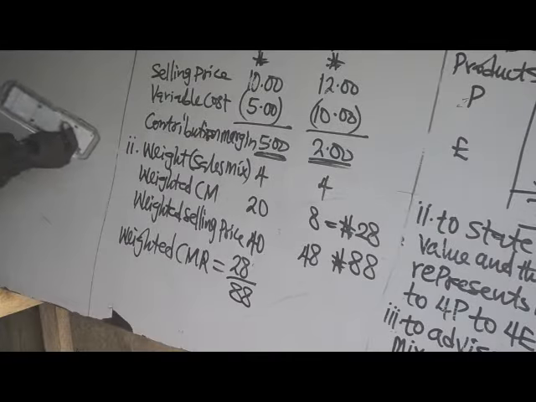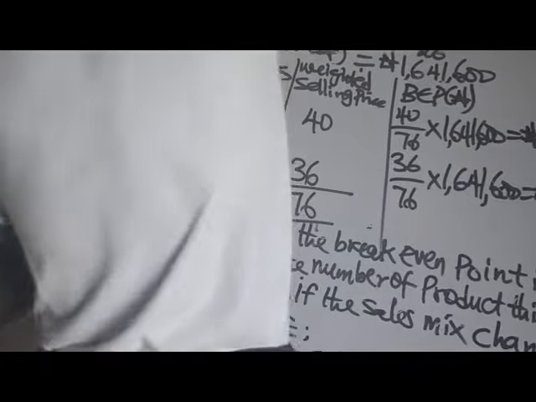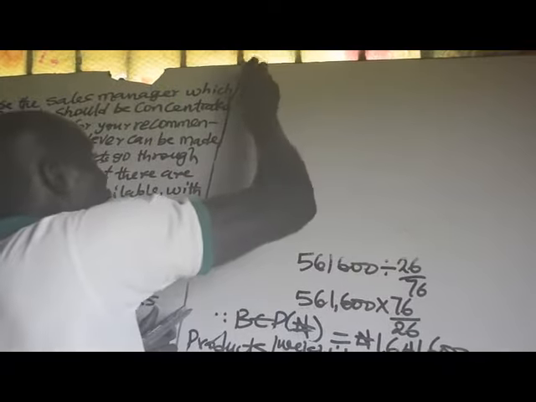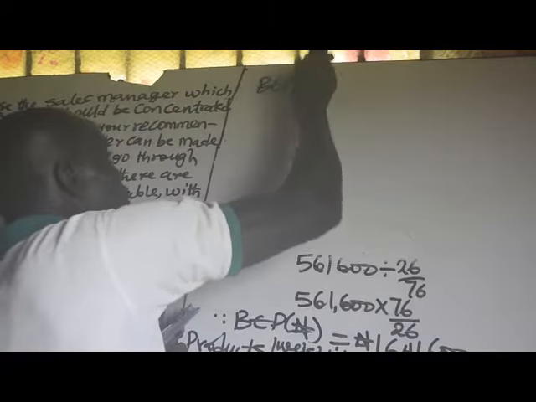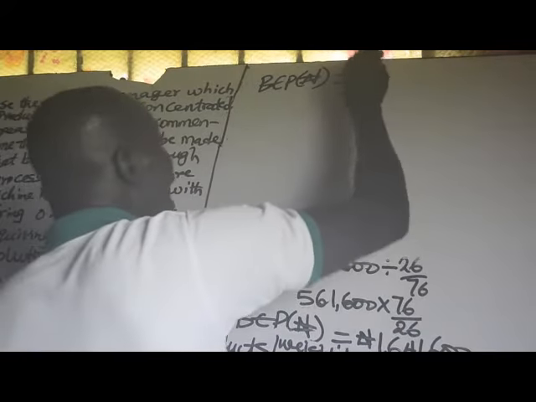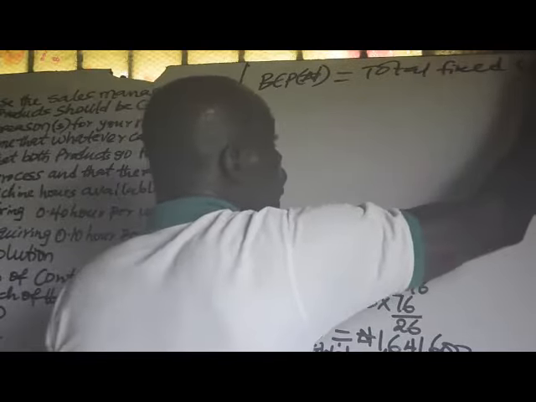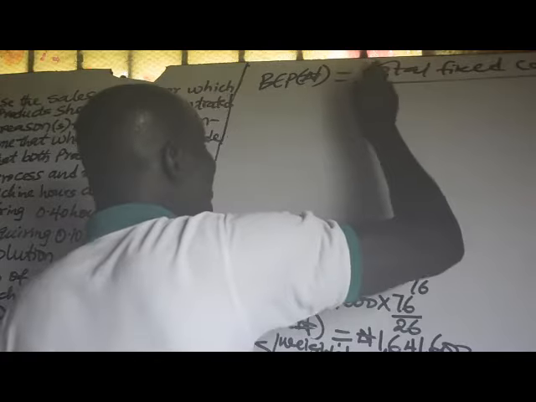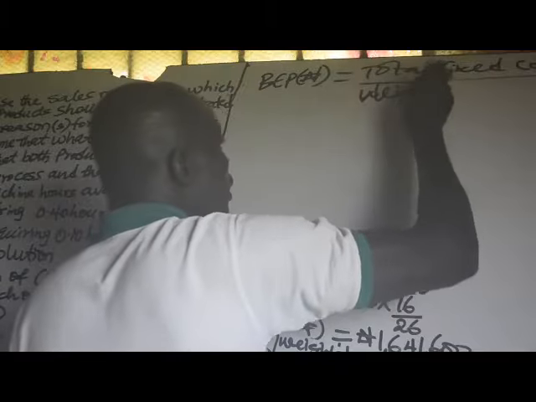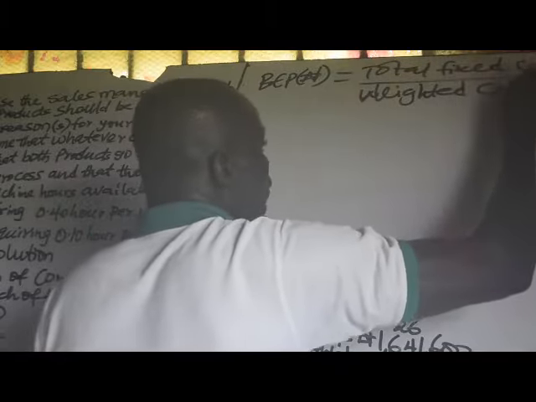Having obtained the weighted CMR, the next thing is to compute the overall break-even point in Naira. I'll tell you that BP in Naira, we said, is equal to total fixed cost over weighted CMR.